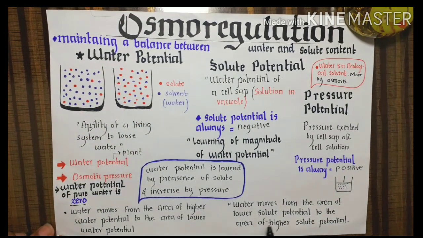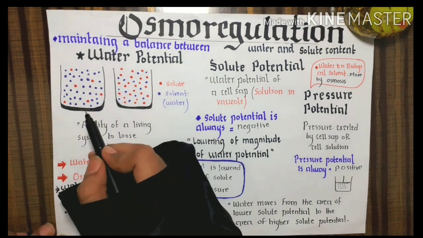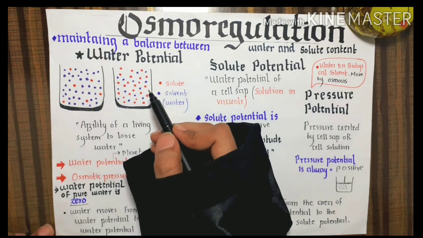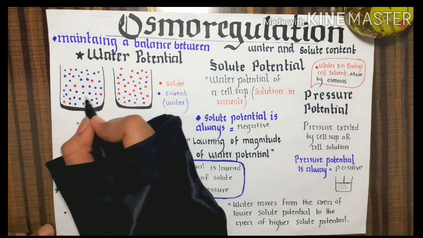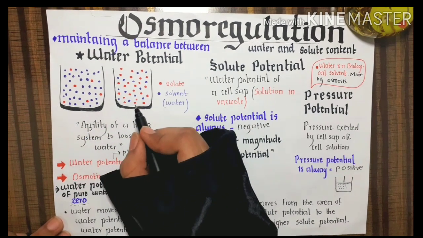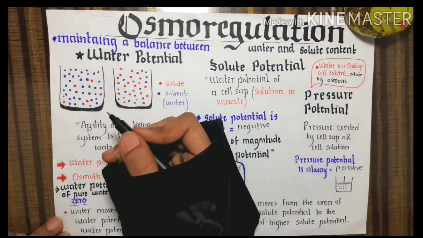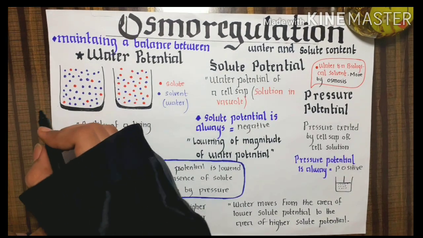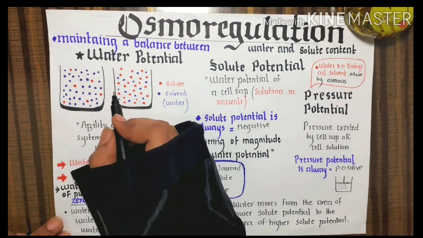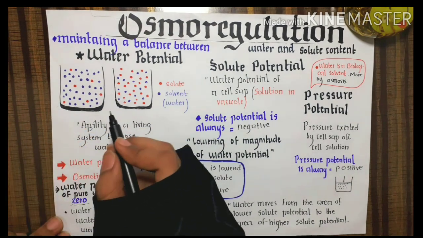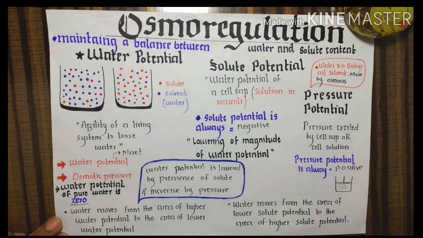Or we can also say water moves from the area of lower solute potential to the area of higher solute potential. This container has fewer solute particles, so less solute potential, and this one has more solute particles, so more solute potential. So water moves from less solute potential to more solute potential.